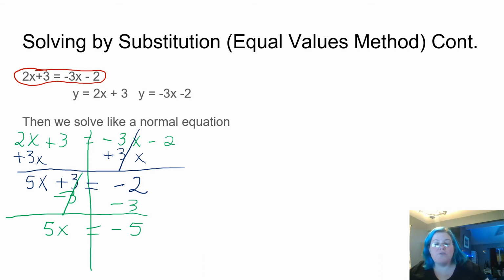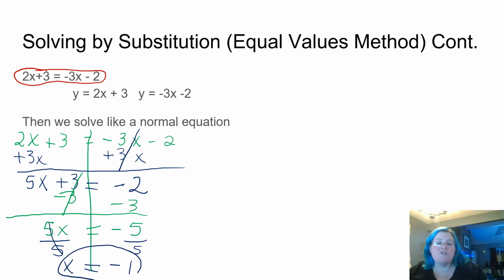Now I need to get the x completely by itself. So I have 5 times x that I am going to undo using division. So then I have x equals negative 5 divided by 5 is negative 1.